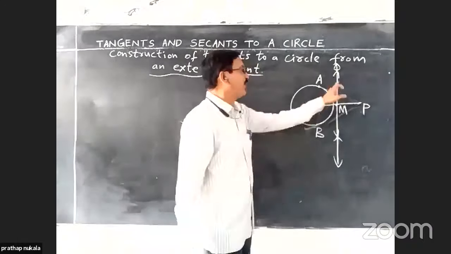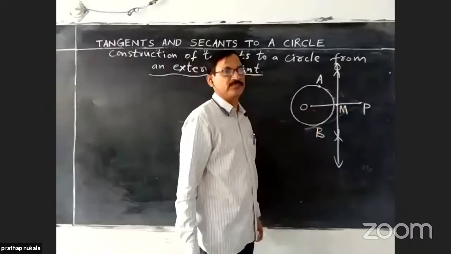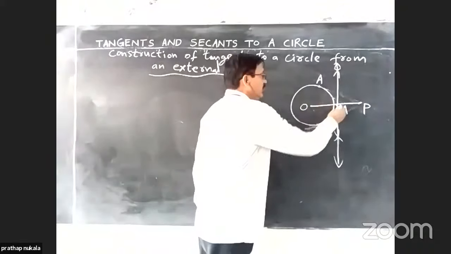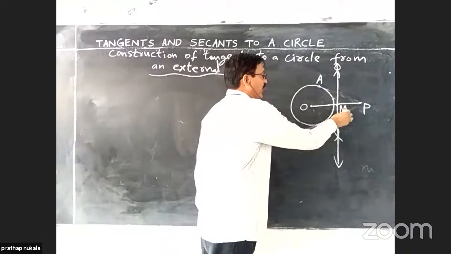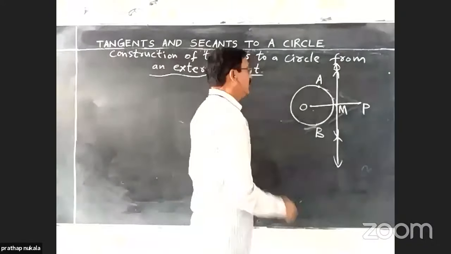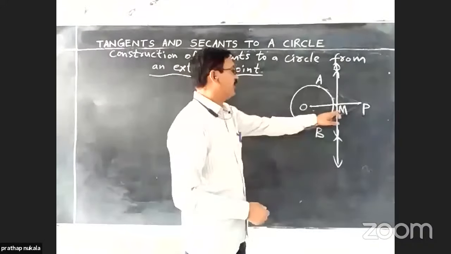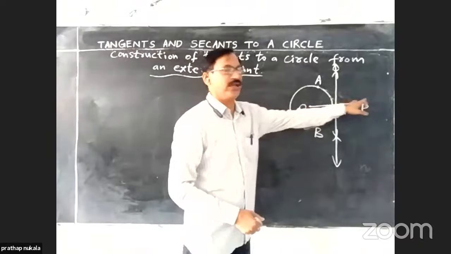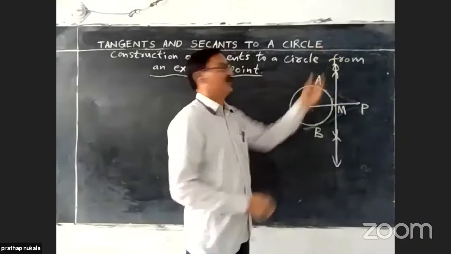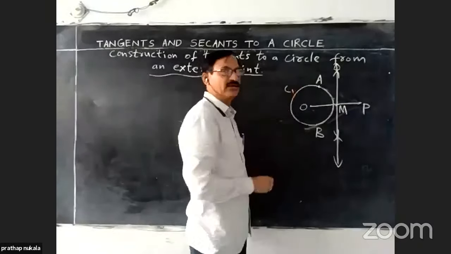We are drawing the perpendicular bisector of OP. Then the midpoint will be noted as M. Taking M as center and radius as MO or MP, draw another circle. This will be the first given circle C1.